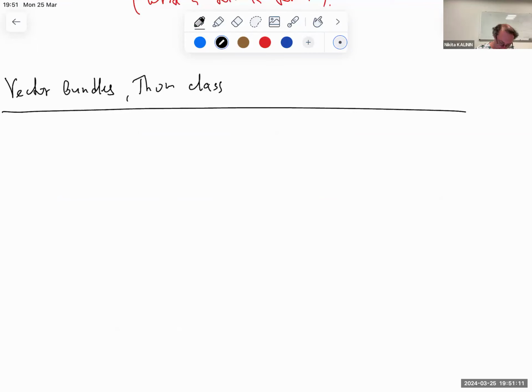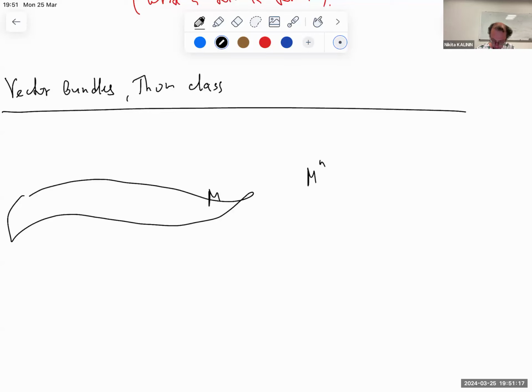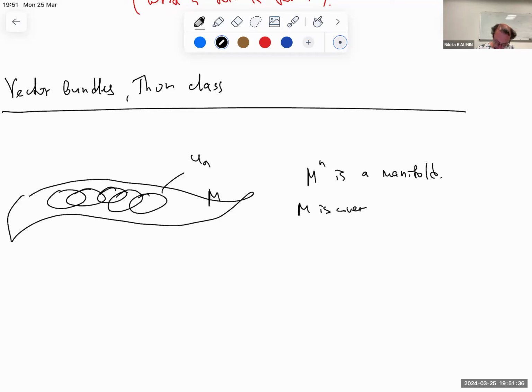So let's say we have a manifold M, and N is a manifold. Then we cover it by certain charts U alpha, and M is covered by U alpha.